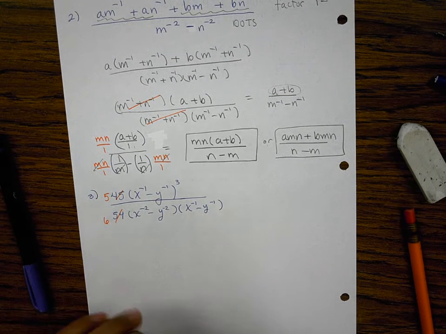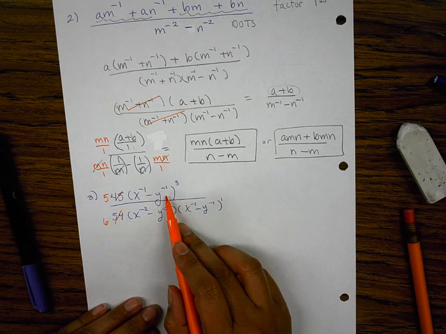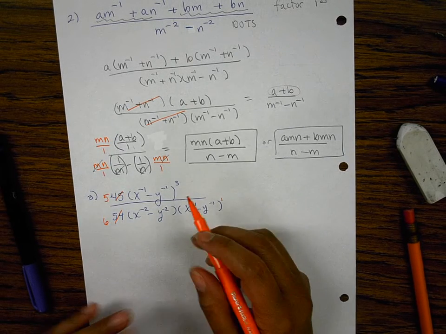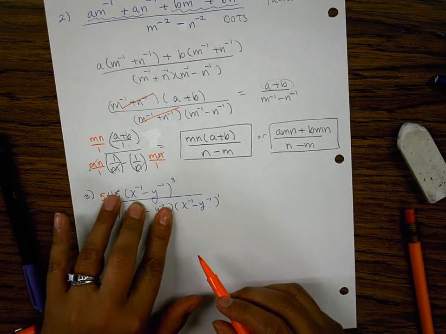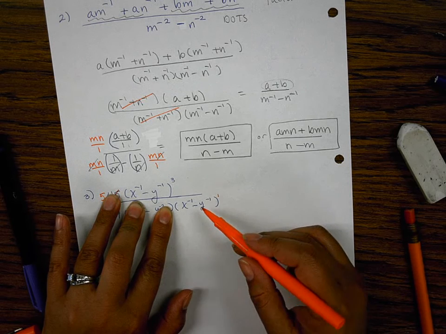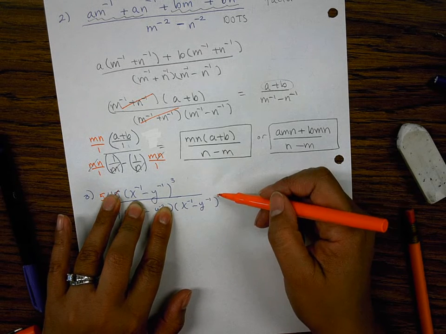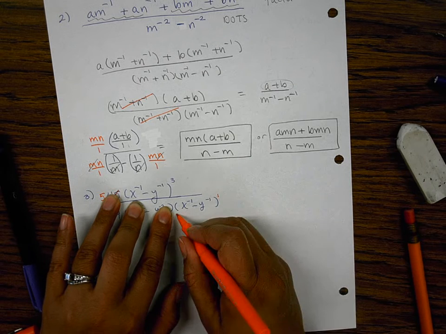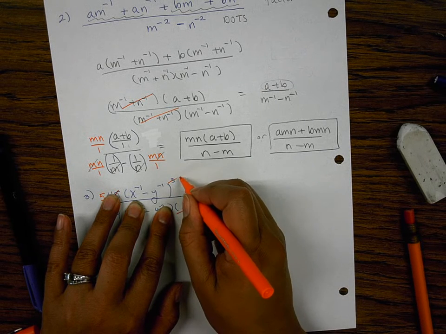These two are not the same, but these two are. These two, they're the same factor, so I can reduce. This is to a power of 1. This is to a power of 3. You can think of it as subtracting your exponents. These two have like bases, and when you're reducing like bases or dividing in a fraction like bases, you subtract the exponents.